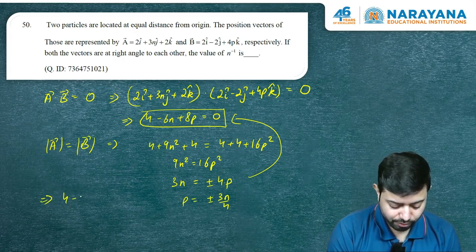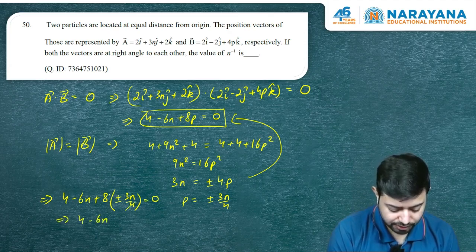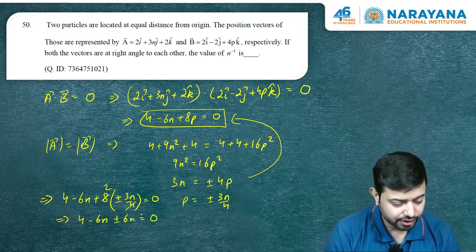Now this will become 4 minus 6n plus 8 times plus minus 3n by 4 equal to 0. If you solve it, 4 minus 6n, 4 ones are 4, 4 twos are 8, 2 threes are 6. So plus minus 6n equal to 0, right.